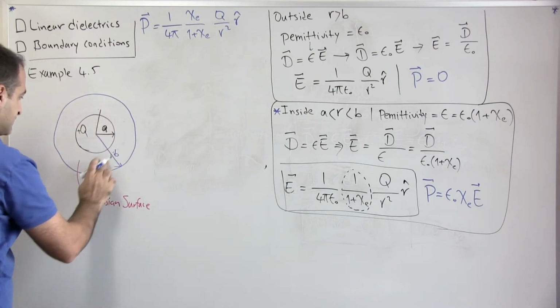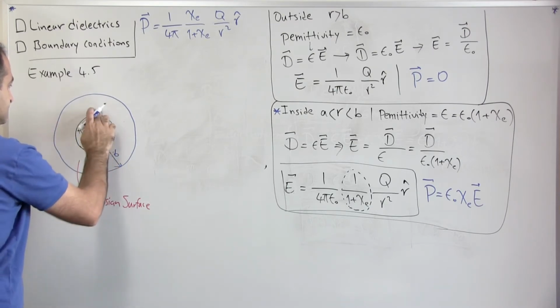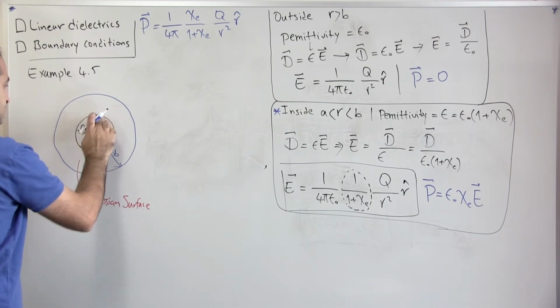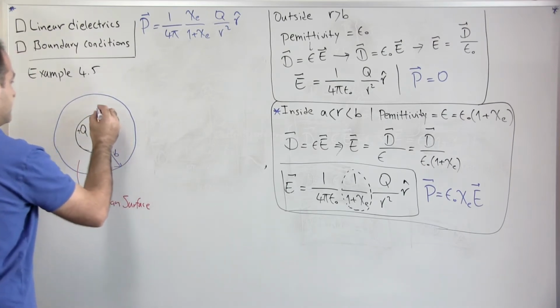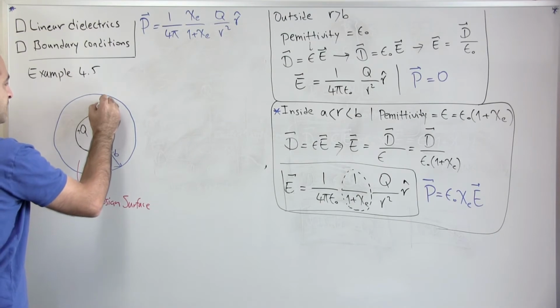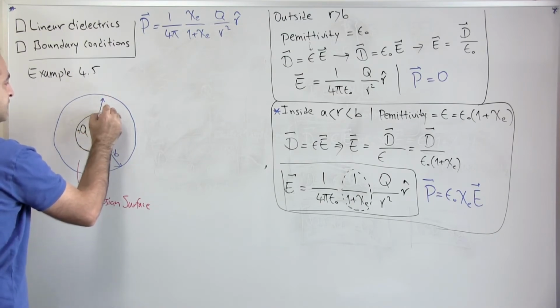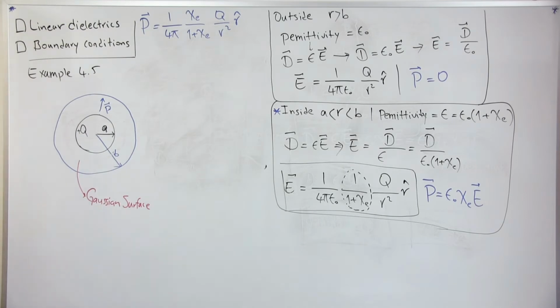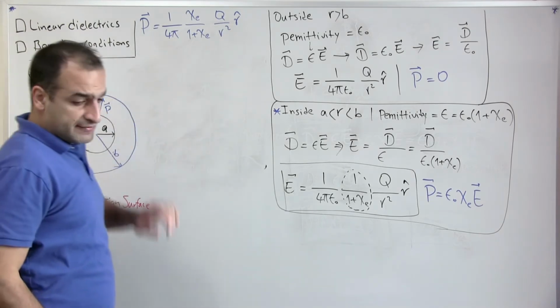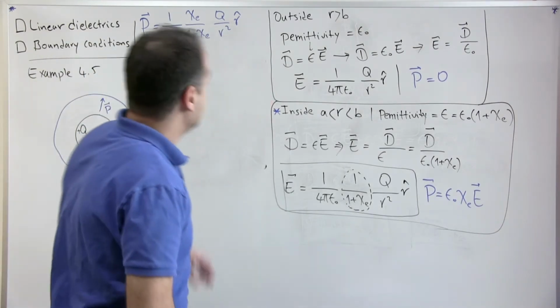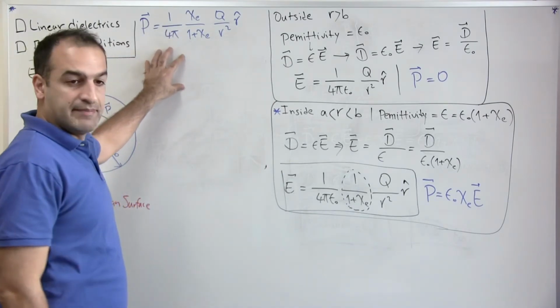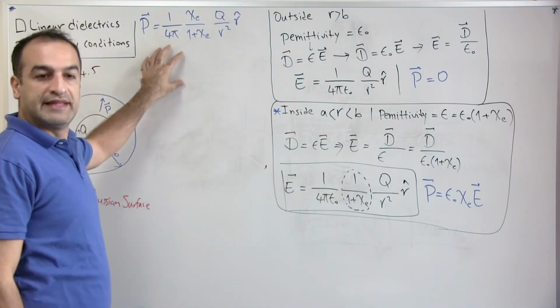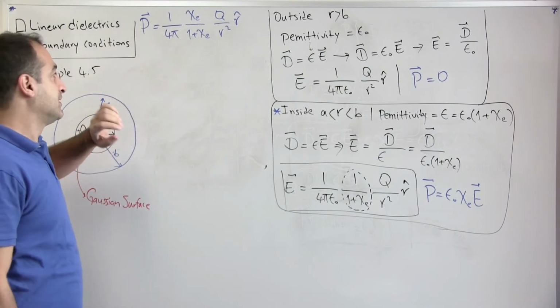So if Q is positive, the direction of the polarization is in the radial direction, and it looks like this. It's moving outward. As soon as we know polarization, we can look at what is the bound charge density and what is the surface bound charge density.